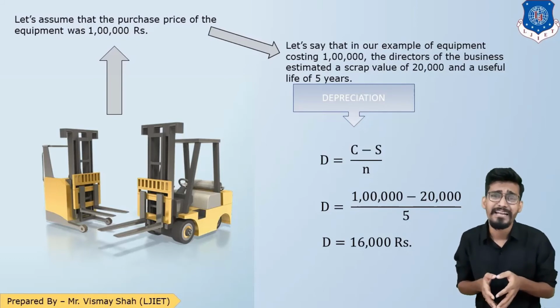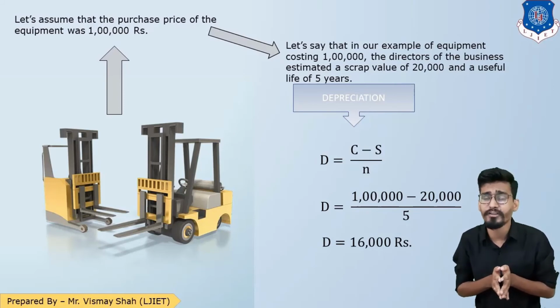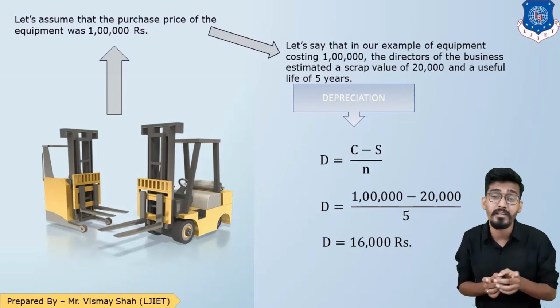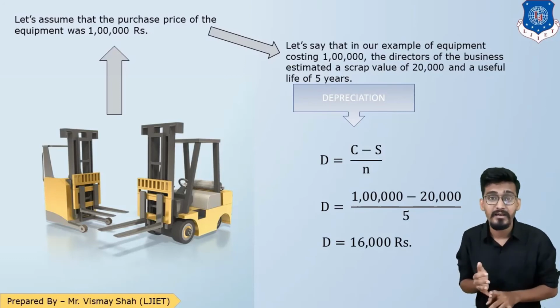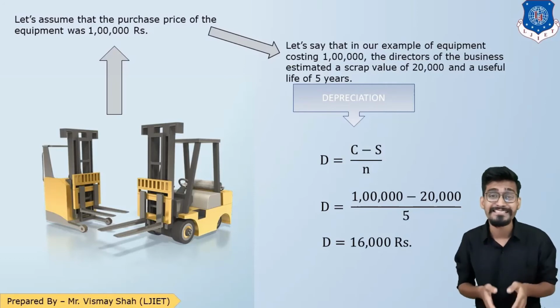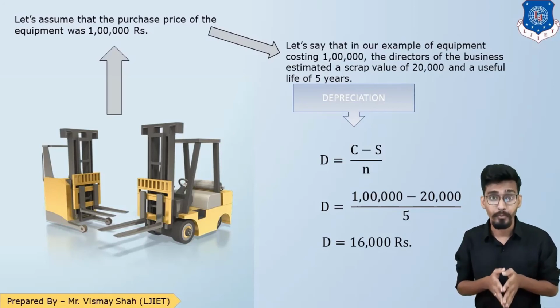Now, let us say that the scrap value of this forklift is 20,000 rupees and the useful life is about 5 years. So for the annual depreciation, we have just learned the formula D equals C minus S upon N. Here C is 1 lakh, S is 20,000 and N is 5. Putting all the values in the formula, we'll get 16,000 rupees annual depreciation.